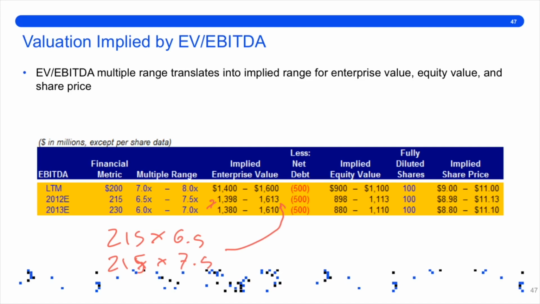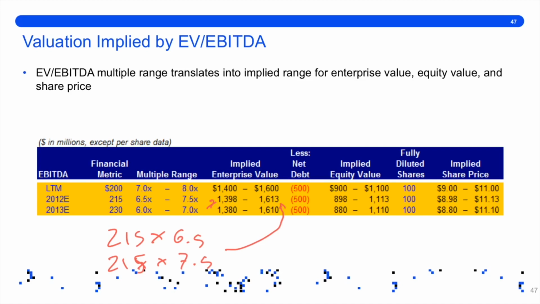So I know that the value of the whole equity capital of the company should be something between $898 million and $1.1 billion, in that range. Finally, since I know that there are 100 million shares fully diluted, that gives me a price per share of between $8.98 and $11.13.